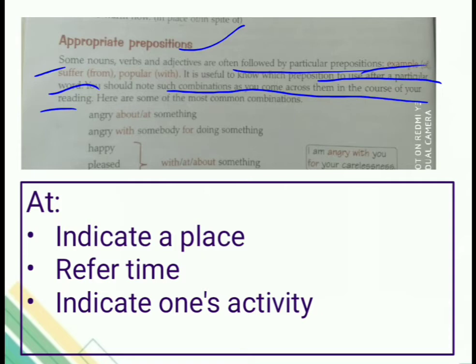Is there an explanation of at, in, on, to, of, till, last? You don't have any explanation. What's the reason that you're not having any explanation? Just because you're studying appropriate prepositions, and appropriate preposition means that with a few particular words, it may be a noun, a verb, or an adjective, there is a particular preposition which is attached.